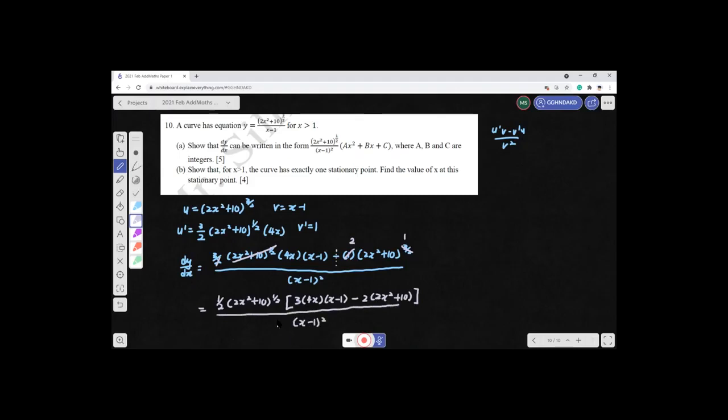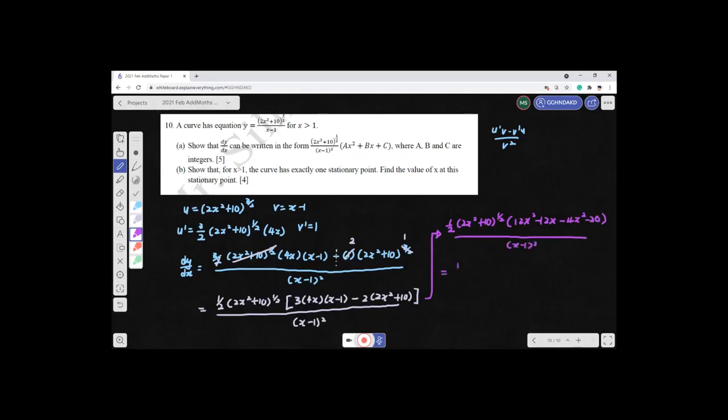Because of that, I am going to simplify what is behind first. The front part is the same. If I simplify what is behind, 3 times 4 times x, so it will be 12x squared minus 12x minus 4x squared minus 20, close bracket, over x minus 1 squared.